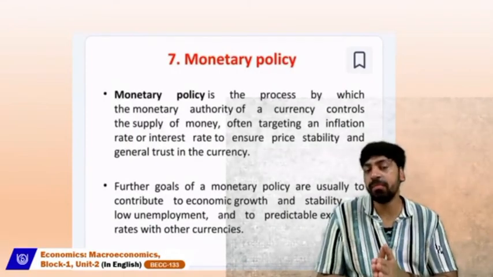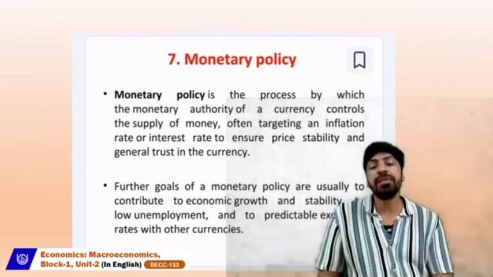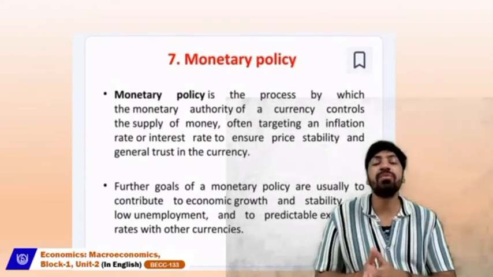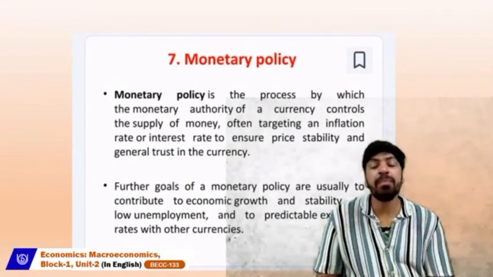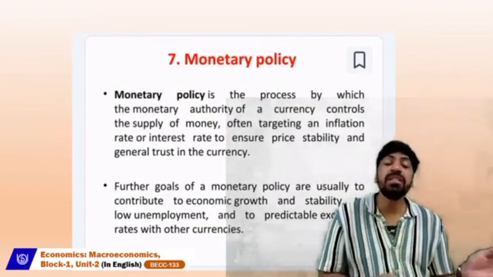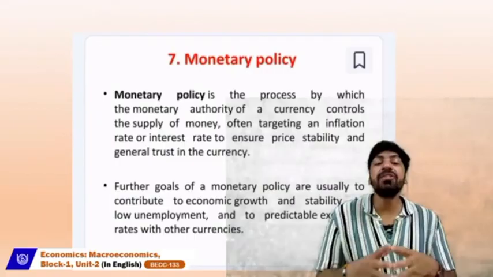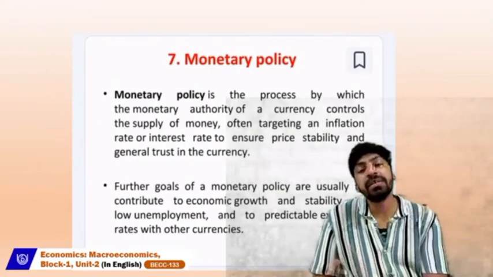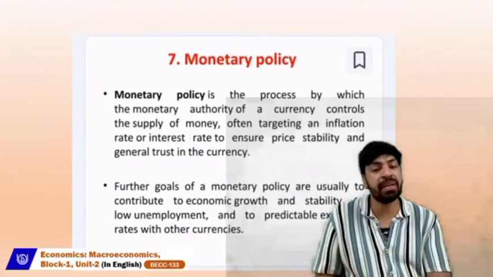There are other goals of monetary policy, which also contribute to economic growth and stability in the economy. It also reduces unemployment, and of course predicts exchange rates with other currencies, as well as by the different commercial, public, and private banks.